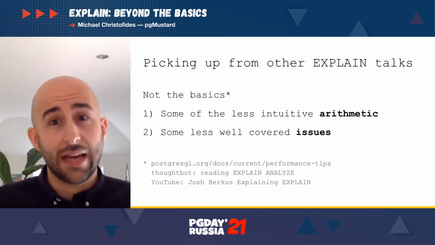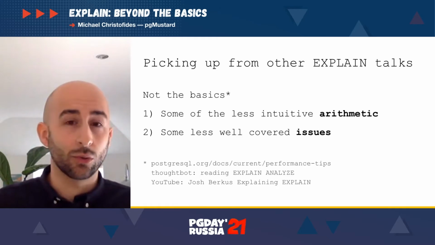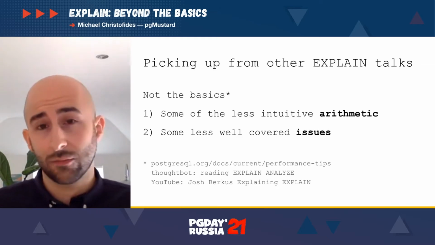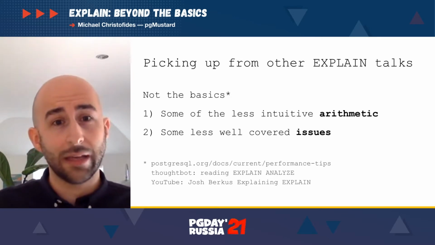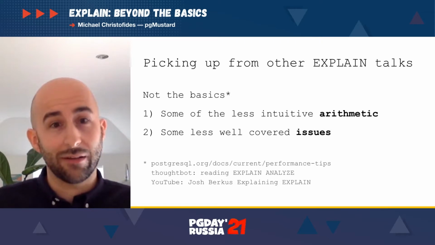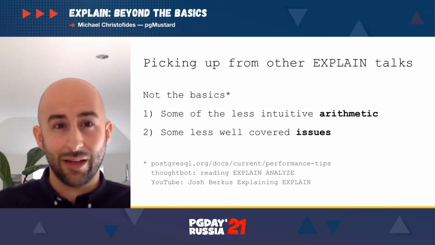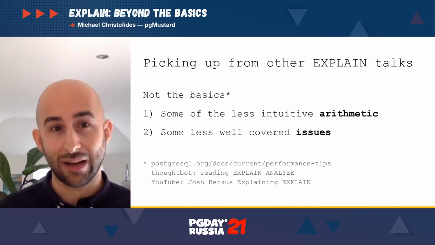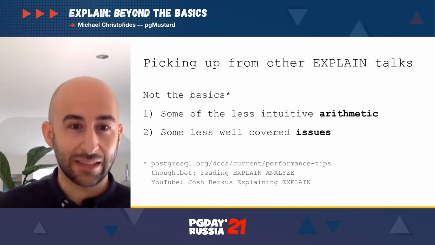Wonderful. So today we are going to pick up where other talks leave off. I've seen a lot of good introduction talks and blog posts about Explain, and they cover a lot in an hour or so, but it's such a deep topic that I wanted the next hour of that. I wanted something slightly beyond the basics. So hopefully this is that talk.